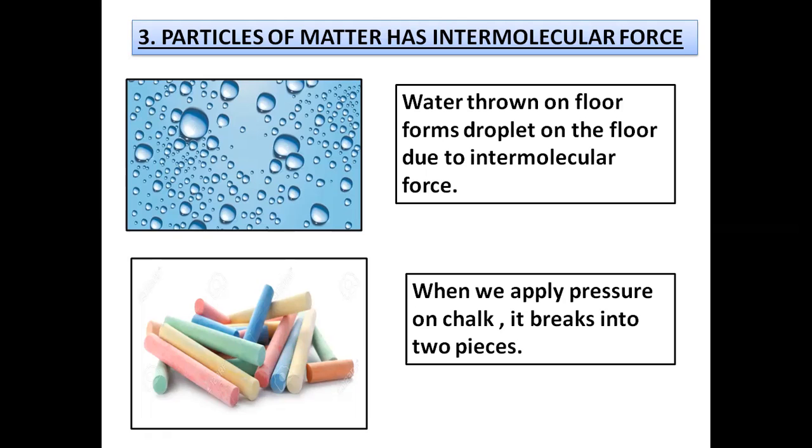Next, we learned about the characteristics of the particles of matter. First of all, they are made up of atoms and molecules. Second, they are very tiny and not at all visible to our naked eye. Third, they have intermolecular force in between. Fourth, they have intermolecular space in between. After that, with the help of experiments, we proved that particles of matter are always in random motion, which we proved with the ink experiment.